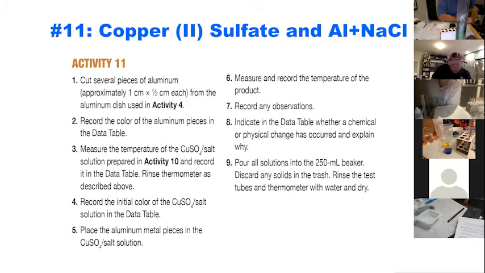We're getting yet another thing being produced this time. That looks nasty. It is nasty. Basically, what we're doing here is we're copper plating the aluminum. What's happening is copper is taking the place of the aluminum.